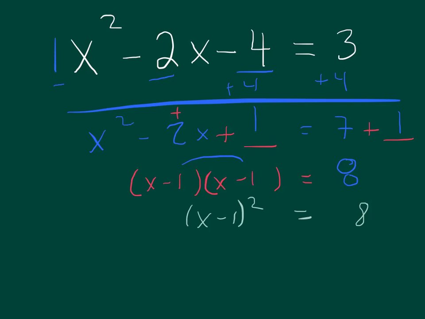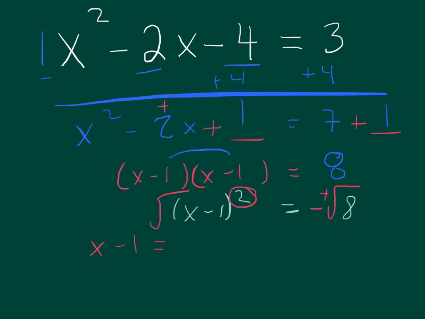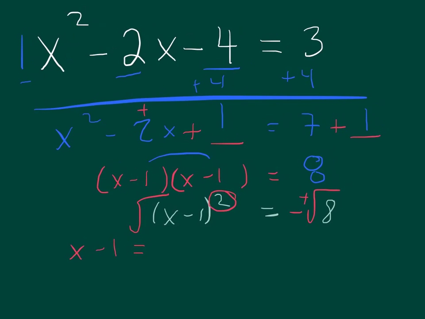I'm going to square root both sides to get rid of that squared, plus or minus. So this is going to go back to something that you did last year. So I have x minus 1 equals the square root of 8. The square root of 8, I want to think about what perfect squares are inside 8, are factors of 8.